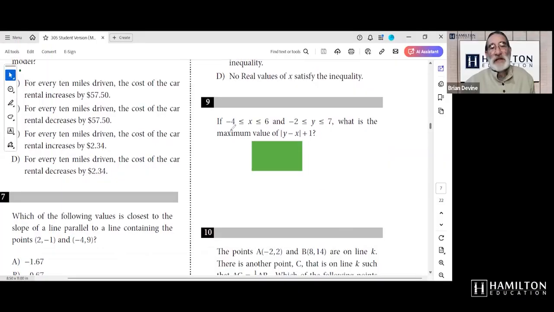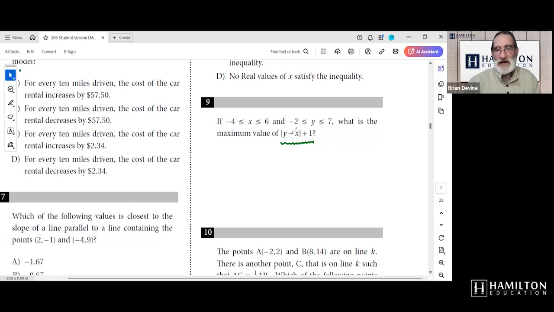Question 9. If x is between -4 and 6 inclusive, and y is between -2 and 7 inclusive, what is the maximum value for the absolute value of y minus x plus 1?